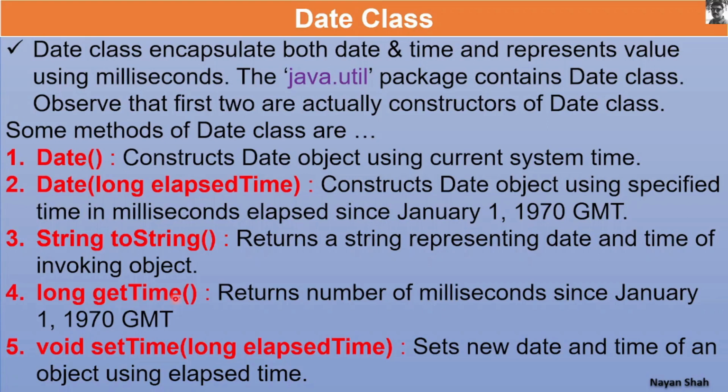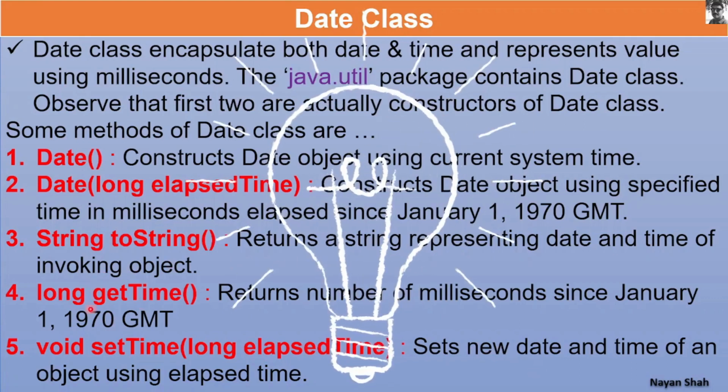And fifth is void setTime, in brackets long elapsedTime. Here we specify the time in milliseconds, and it will set the computer date with those milliseconds. So whichever date and time those milliseconds represent, it will store that as the system date.